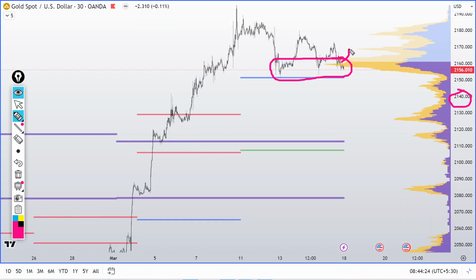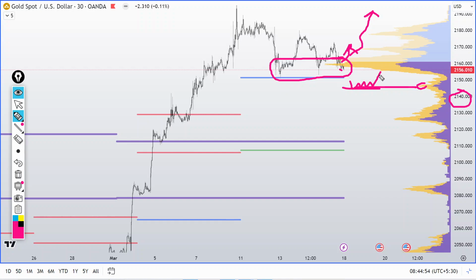So if price manages to trade above this, then we can look for a buy opportunity to higher levels. But if price breaks down from here, then the next support is of course at the level of 2145, which is the previous all-time high, and on that level we have to wait and watch the reaction, and if we see some kind of confirmation, then we can look for buy opportunities.